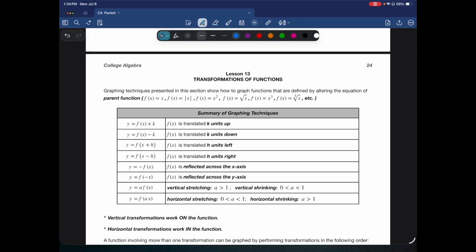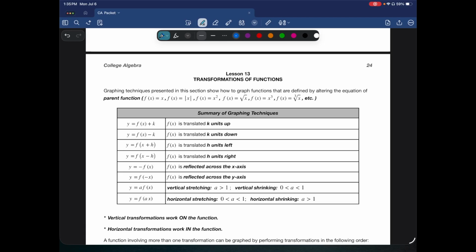If you have a negative x inside the function, you're flipping it over the y-axis. If you take some number, either a whole number or a fraction, and you multiply by the original function, you're either going to stretch the graph or shrink it, depending on if it's greater than 1 or if it's a fraction. And if it's inside, it's a horizontal stretch or shrink.